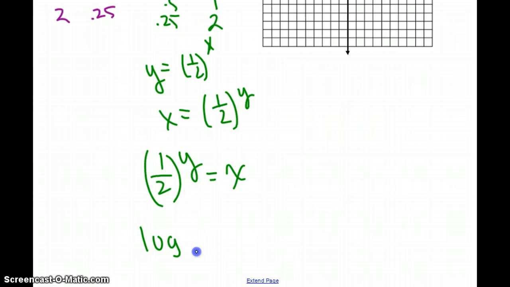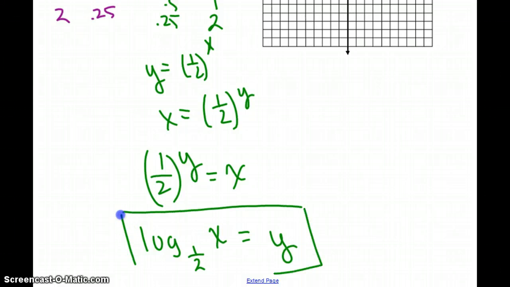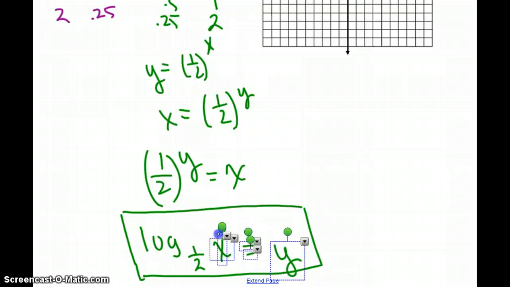So log base 1/2, and log is exponent. So this is the inverse function. See, we've solved for y. So this is the function that we're going to be graphing as the inverse.